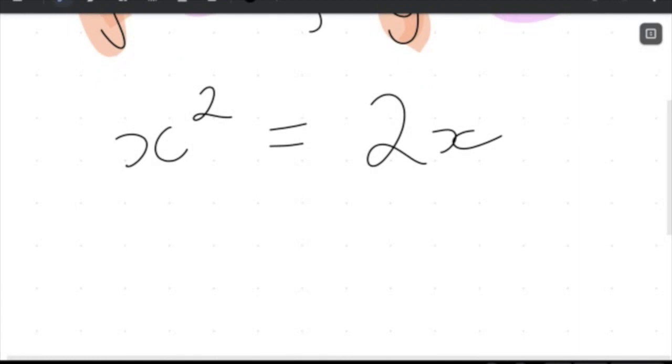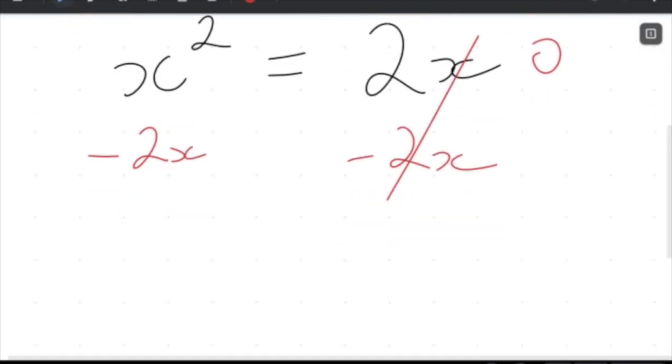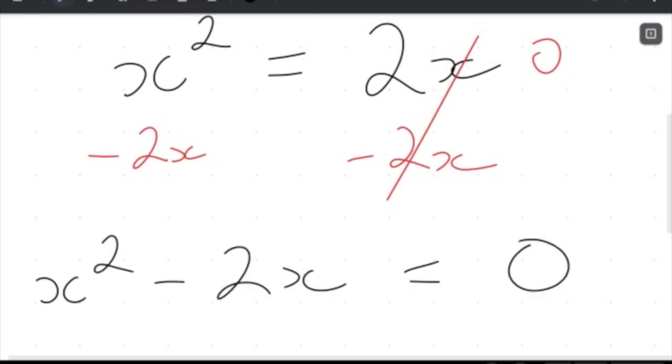And now we can just shuffle this around a bit to make a quadratic equation in standard form. So we're going to subtract 2x from both sides. And remember, standard form just means everything on one side, the quadratic on one side equaling 0 on the other side. So we get x squared minus 2x equals 0.